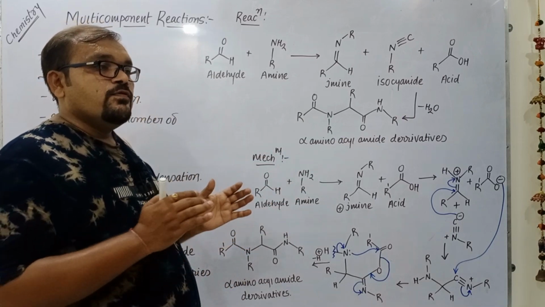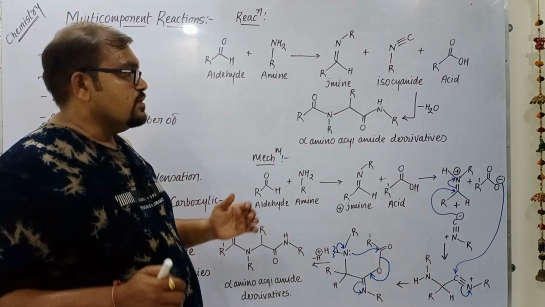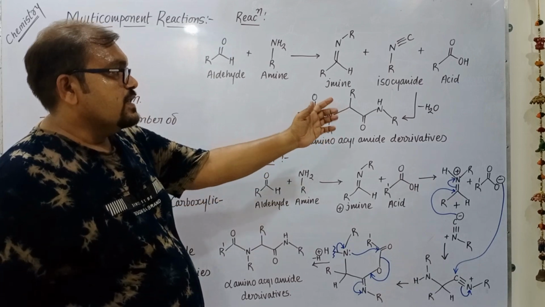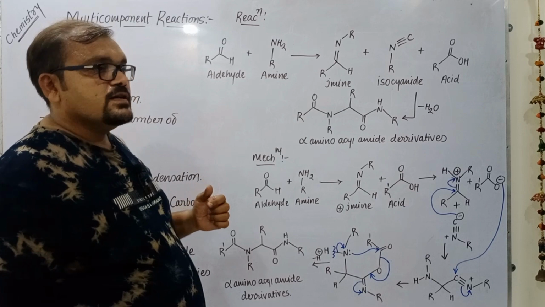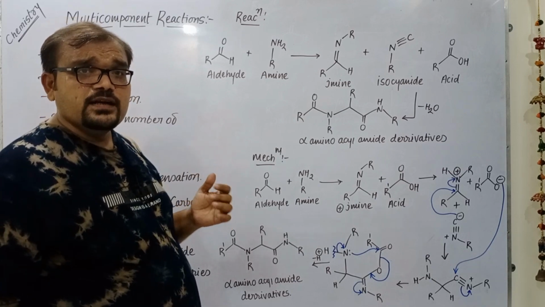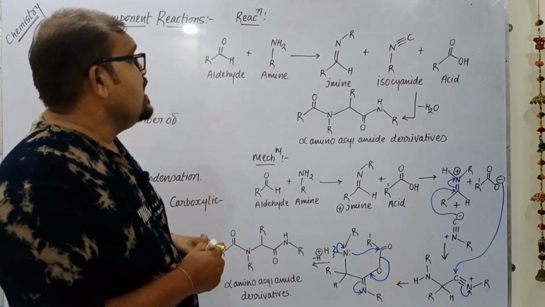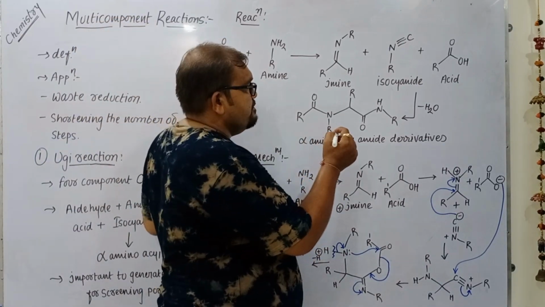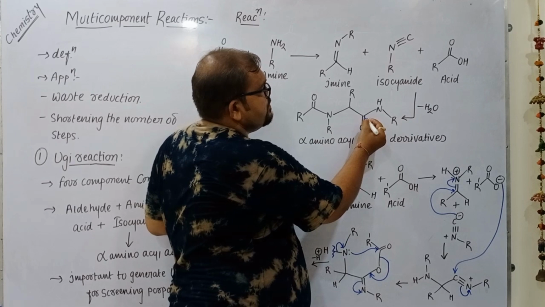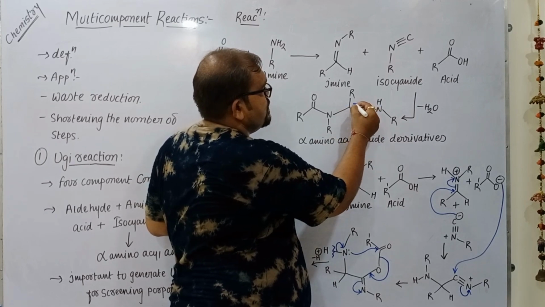Why is this a 4-component condensation? As we can see here, there is a loss of a water molecule, therefore this reaction is known as 4-component condensation. Now why is this called alpha amino acylamide? The next position to the carbonyl is known as alpha.